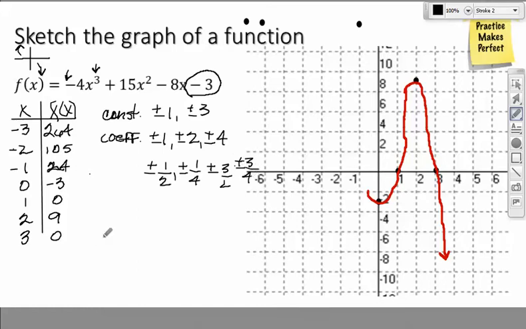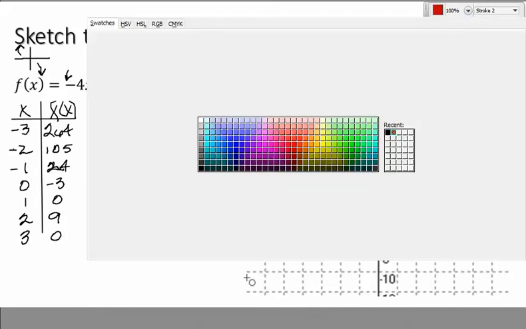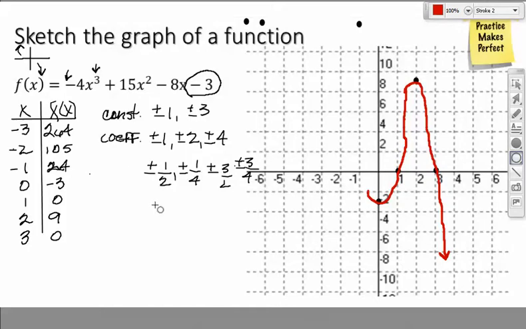Okay, so I know that number 1 is going to be negative, and I also know which fractions it could be. It's negative, and I know that it's between 0 and negative 1, so 1 divided by 2 is 0.5, that's between. 1 divided by 4 is 0.25, that's between.